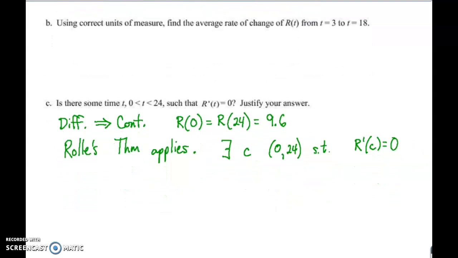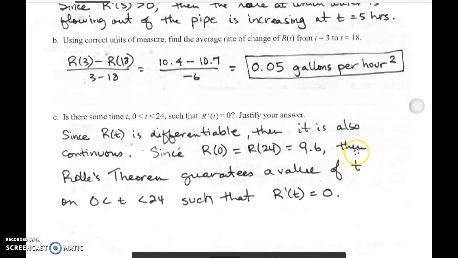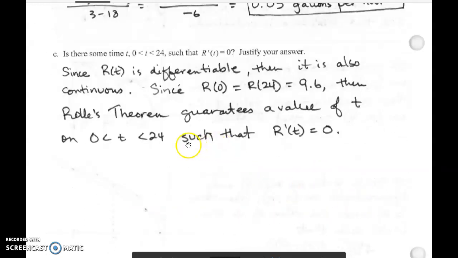And there could be other ways of writing this, and again, I'll defer to the answer key. And he actually writes it out instead of my goofy symbols that are actually pretty universal in the math world. Rolle's theorem guarantees a value of t on that interval such that r prime of t equals 0. So you can even rewrite "such that" as s.t. That's how lazy we are in the math world.